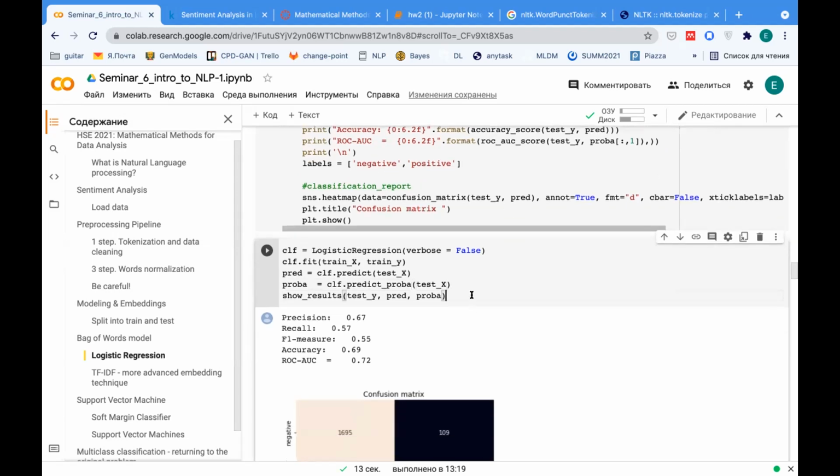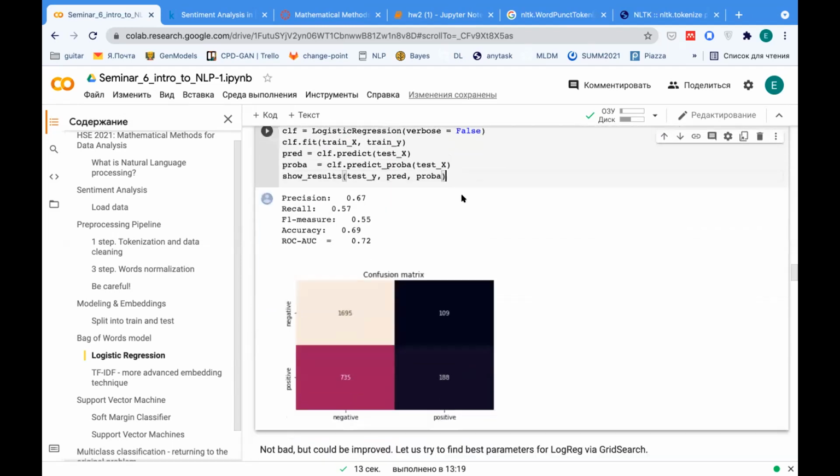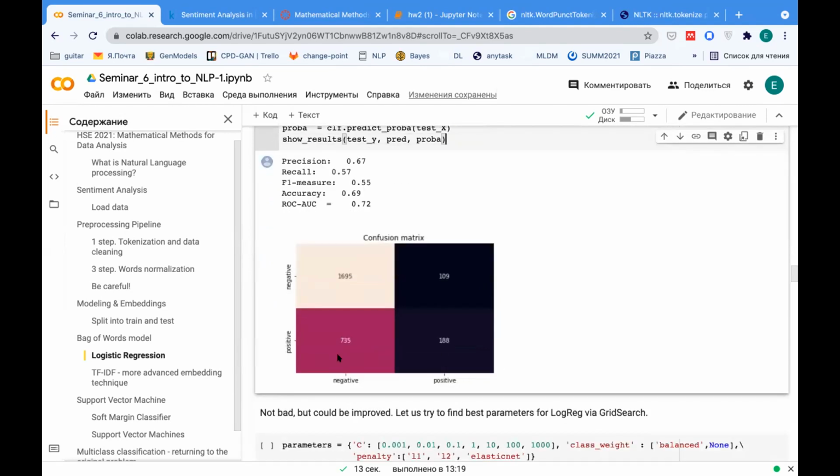So if we calculate our metrics, we will see that we have not such a bad result. But if we look at our confusion matrix, we can see that actually there are some problems. Here, as I remember, we have true values.